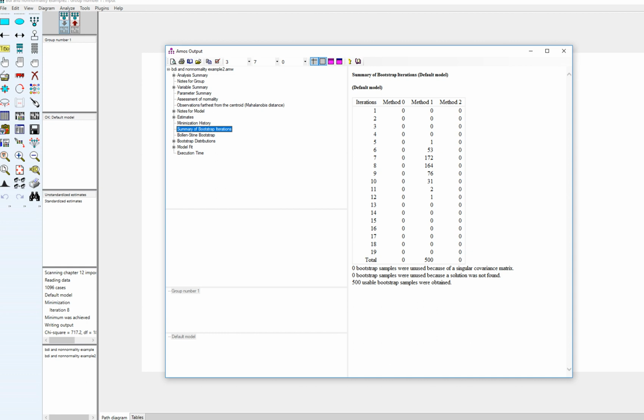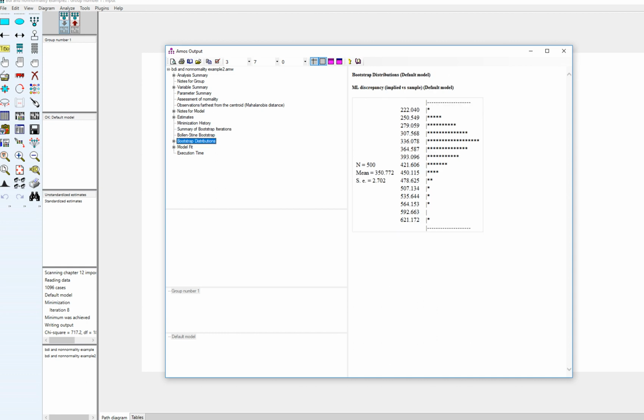So our estimates are derived from the complete set of 500 Bootstrap samples. You'll see this is the distribution of the chi-square values associated with each of those Bootstrap samples. So there's 500 cases right here, our 500 bootstrapped chi-square values, and this is the distribution.